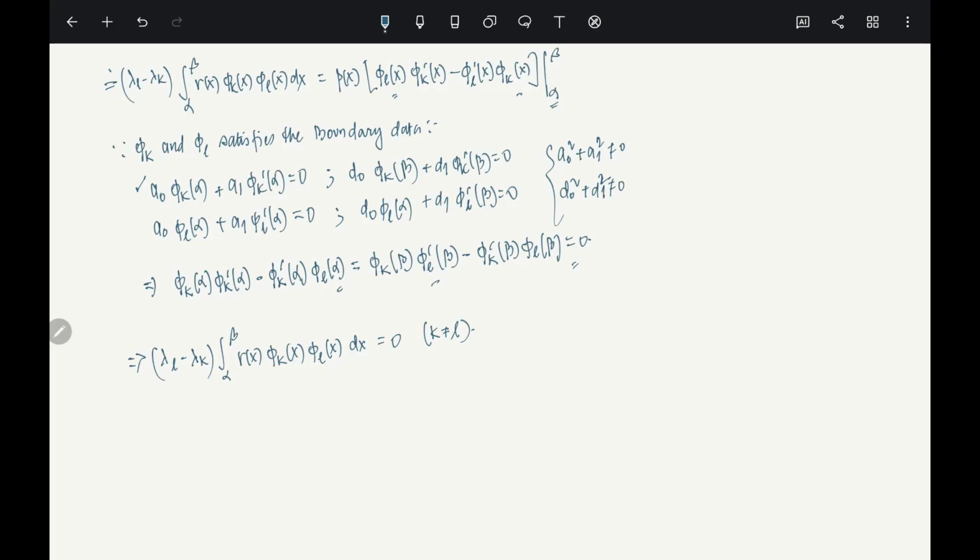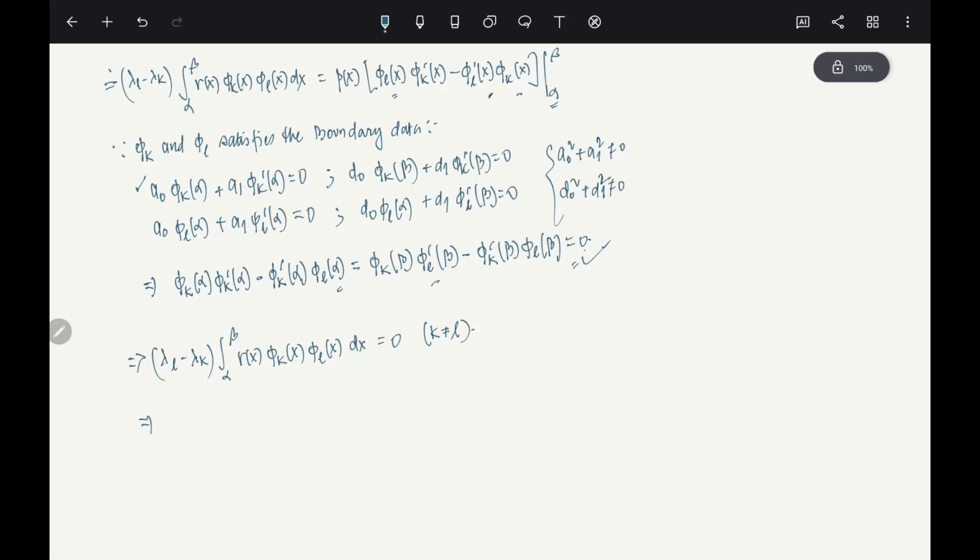That's what this means. So either one of a0, a1 or d0, d1 is non-zero. If that has to be the case, the coefficient matrix has to be singular. So we are getting this. Now this is basically nothing but this particular thing evaluated at beta minus evaluated at alpha, which is basically 0. So that will give us this. Is it okay?